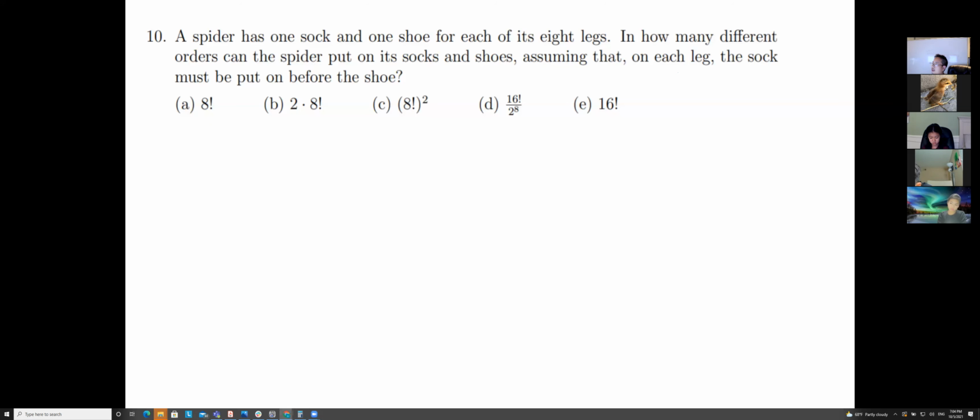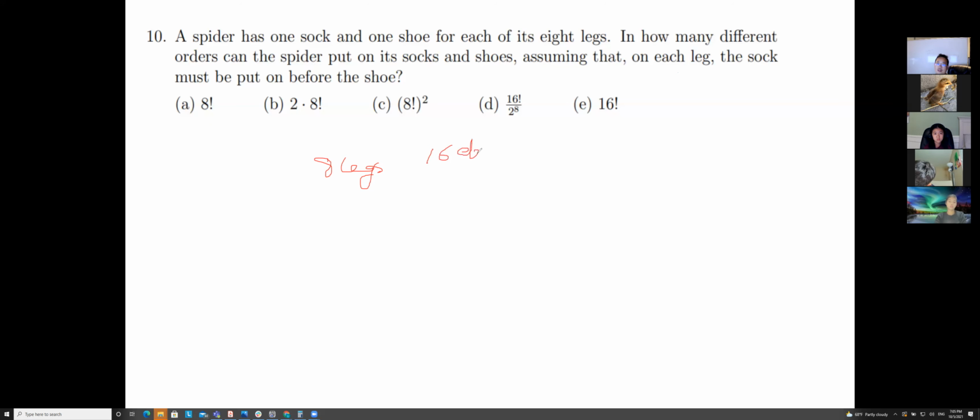Let me see if I can annotate a little bit. So this is pretty straightforward. We have 8 legs, right? And every leg you can have either shoe or sock. So there's totally 16 elements here.